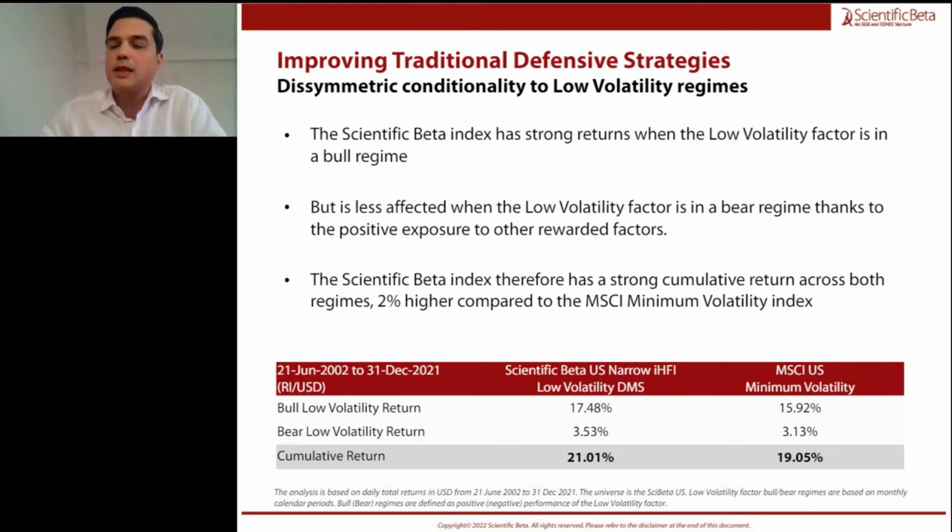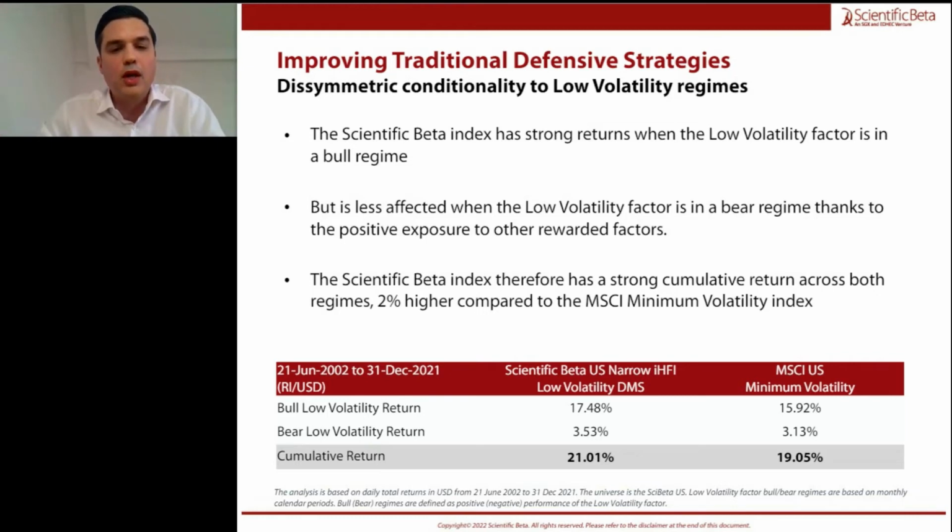And the reason is that in the situations where low volatility as a factor is not doing well, you have these positive betas to the other factors compensating for any potential underperformance of the factor.